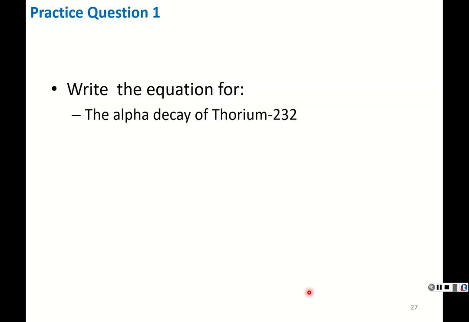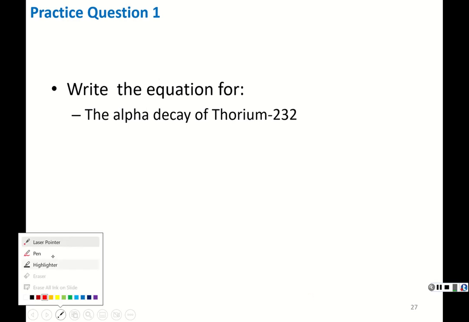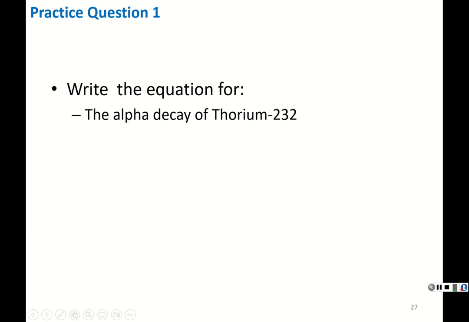Okay, so let's try some practice with this. Write the equation for the alpha decay of thorium-232. Okay, so for thorium-232, if we look in the periodic table, the symbol is TH. 90 is the atomic number, so you have 90 protons.